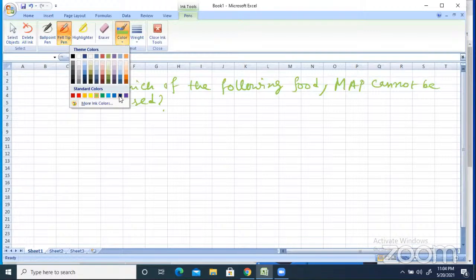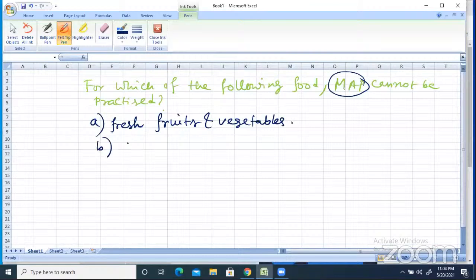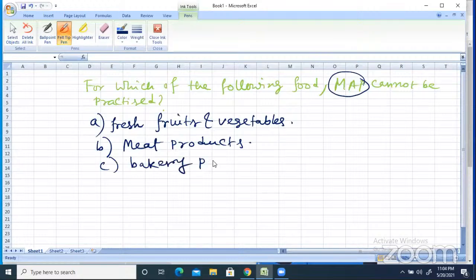In CAP, we are controlling the oxygen and carbon dioxide. It is a modification in the package atmosphere. A, fresh foods and vegetables. B, meat products. C, bakery products. D, none.